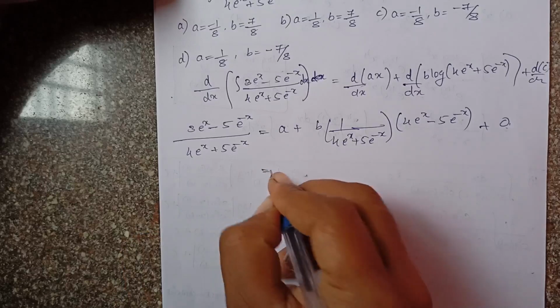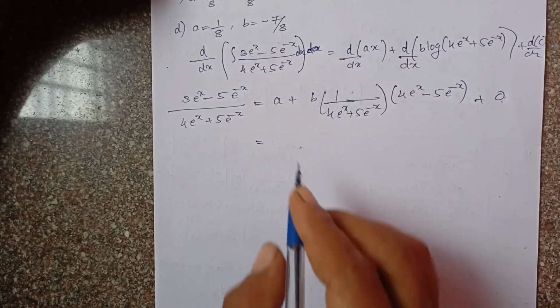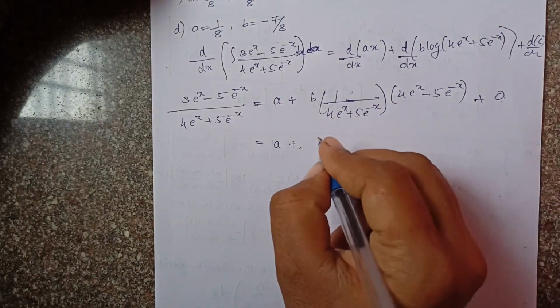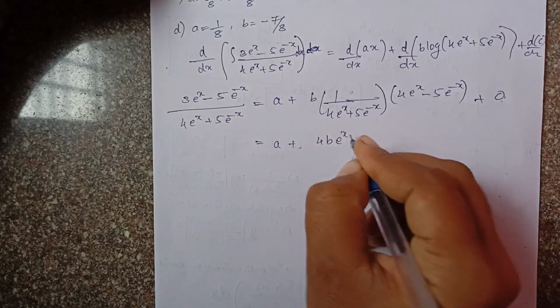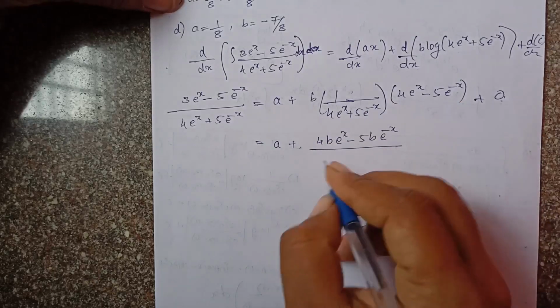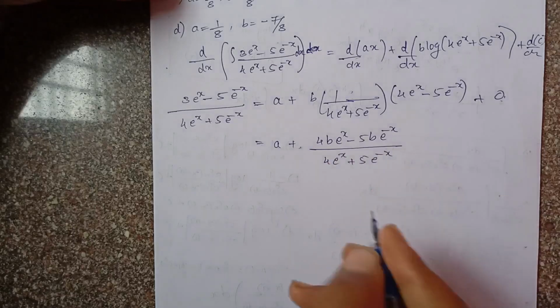Left hand side will be as it is, no need to simplify. Right hand side we need to simplify. The b gets multiplied to both the terms: (4b e^x - 5b e^(-x))/(4e^x + 5e^(-x)).